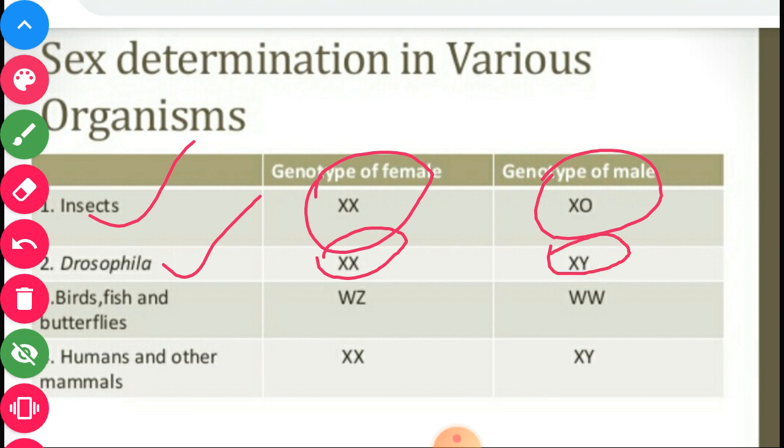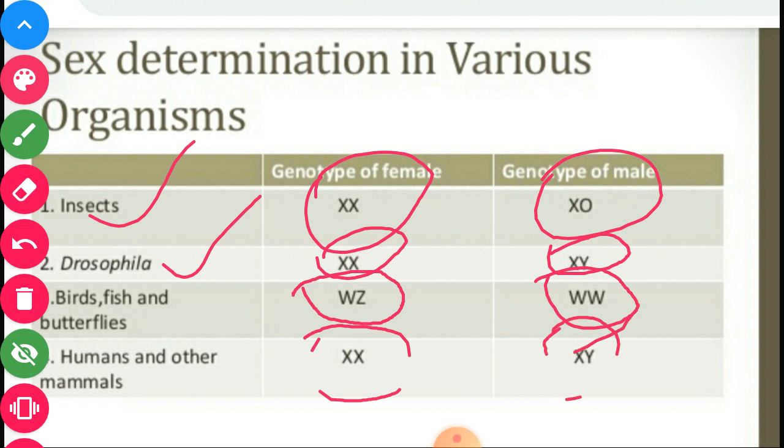In birds, fish and butterflies, female heterogamety is seen, but male are homogametic, having both chromosomes similar. In human, female are homogametic and male are heterogametic. So this is the mechanism of sex determination in different organisms.